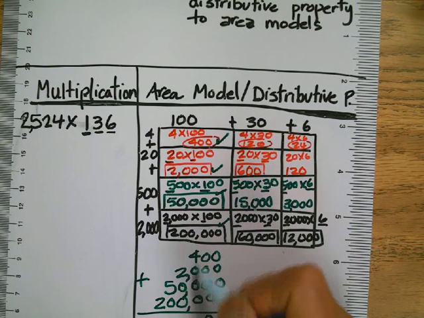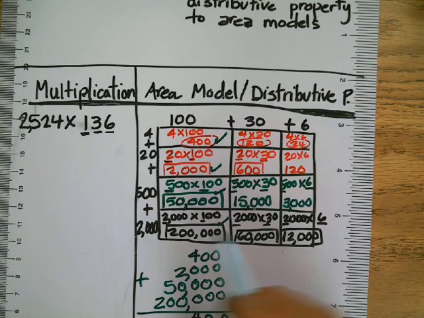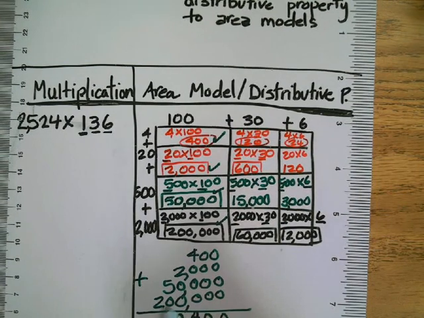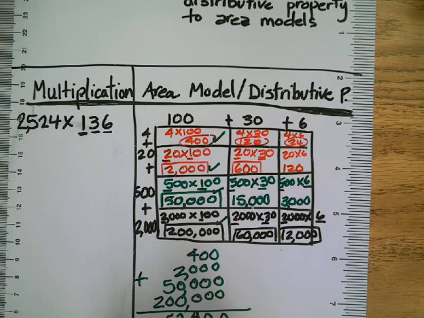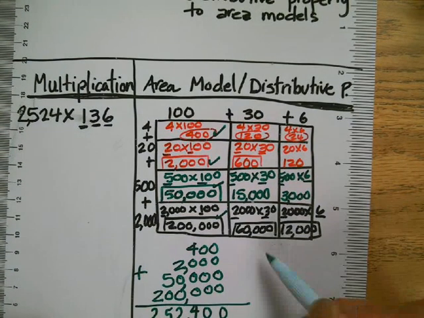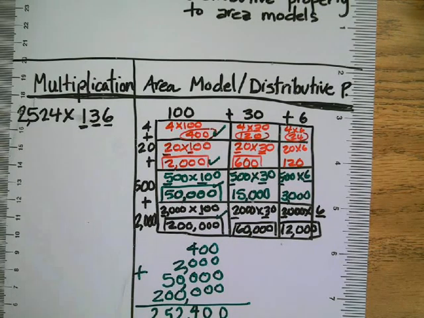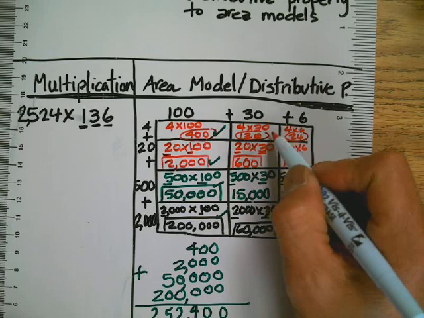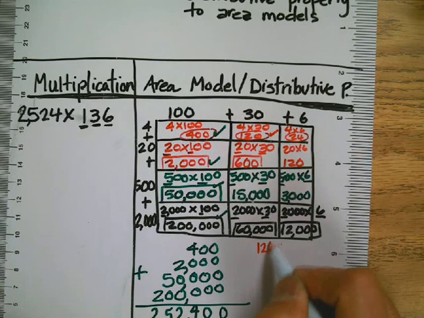Second partial answer is going to be in the middle. Let's see, we have plenty of room here. So the answer is 120 for this one. This is 600. This is 15,000. Well, it went from 600 to 15,000. That's incredible. And 60,000.